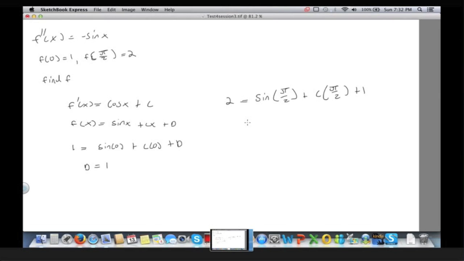Sine of pi over 2 is 1. Okay, so 1, 0, c equals 0.